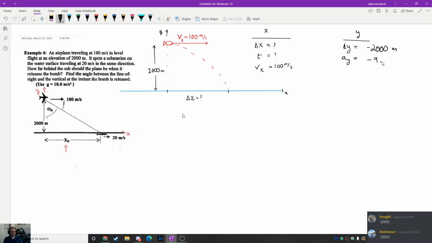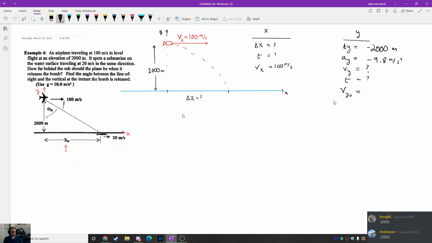ay is going to be negative 9.8. We don't know the time. We don't know vy, but we'll write them down anyway. That means we must know the other variable, and the other variable is the initial y velocity.